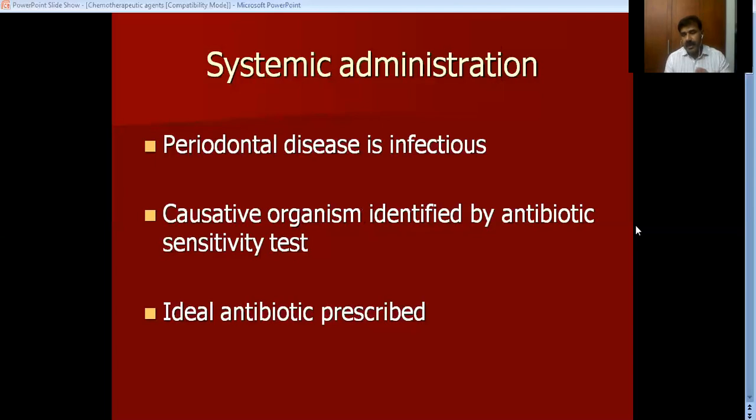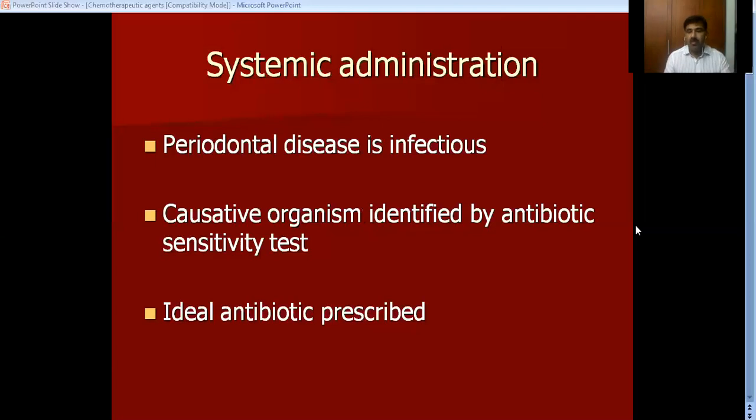A very good example is the condition of aggressive periodontitis. In aggressive periodontitis, the problem is that these microorganisms do not remain within the gingival sulcus. They may be present within the gingival tissues also.